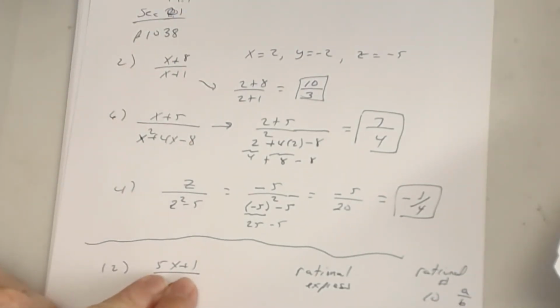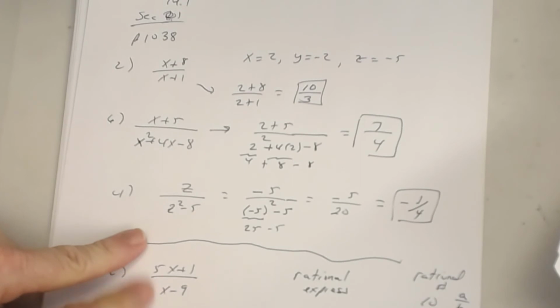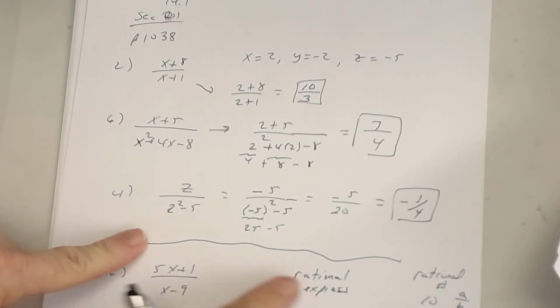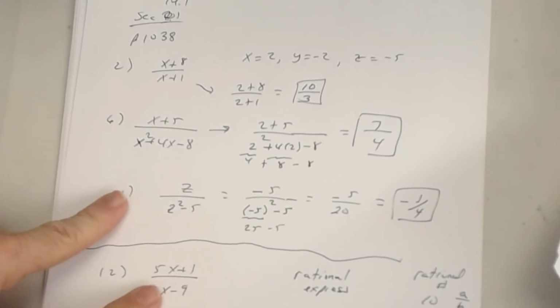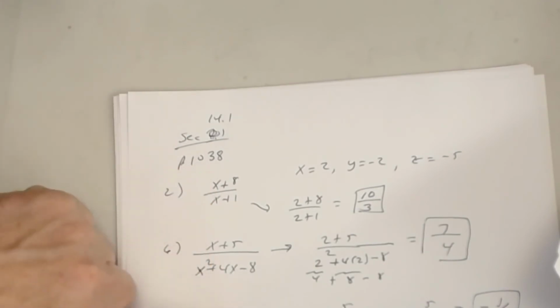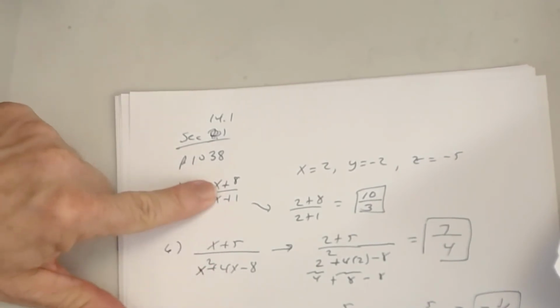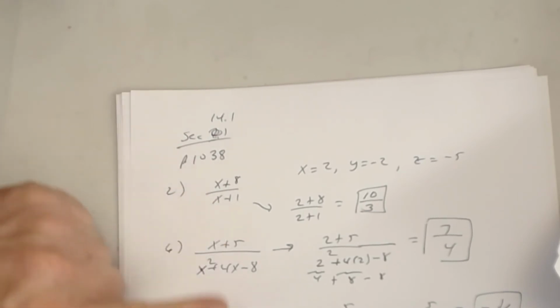So remember the expressions, 5x plus 1 is this expression. X minus 9 is this expression. It's written as a what? Fraction. So you have a rational expression. These are rational expressions. So all these are what? Rational expressions as well.